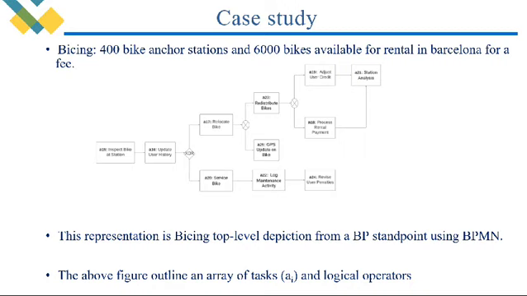The displayed figure outlines an array of tasks such as A15, inspect bike at station, and A25, GPS update on bike. We've identified various interdependencies. Moreover, we've detailed different logical operators.